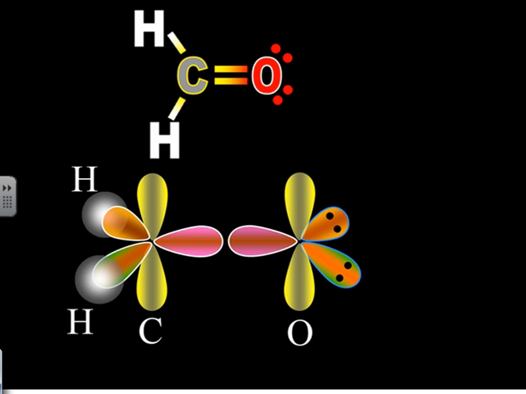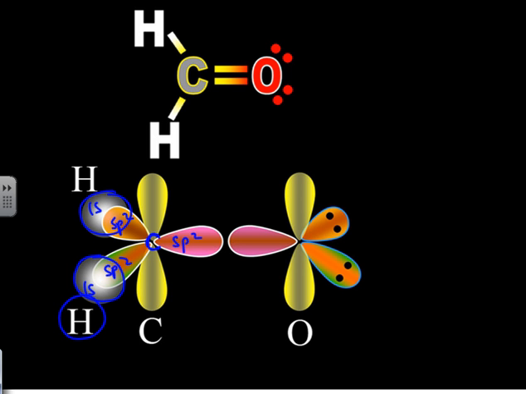Here's what the molecule actually looks like. So, again, I've got my carbon. Here's my carbon nucleus. I've got sp2 hybridized. Each of these sp2 hybridized orbitals will overlap with the 1s orbital from hydrogen. So here's your 1s orbital. So there's a covalent bond right there.